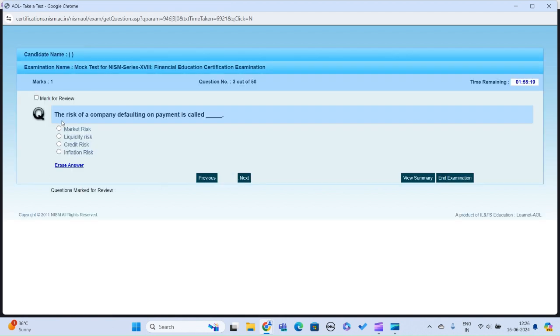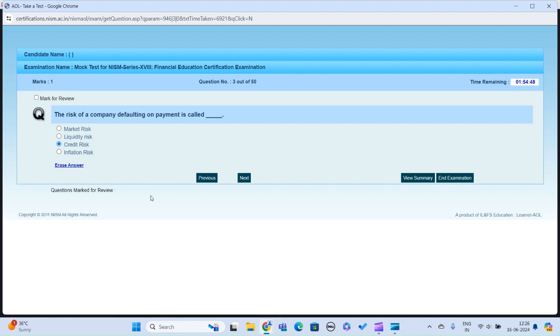Next, the risk of a company defaulting on payment is called, it cannot be market risk or liquidity risk, it should be credit risk. The reason is that companies take goods on credit and have payment terms, after 30 days or 15 days depending upon the agreement. So I would say it's a credit risk.